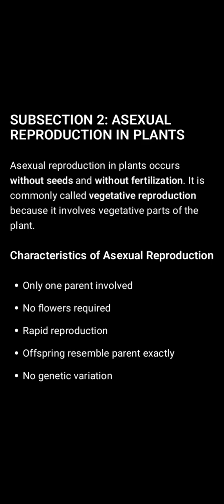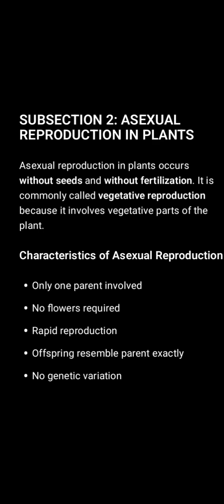There would still be some differences. No matter how much you resemble your dad or your mom, you will not be exactly like her or him. Why? Because that's sexual reproduction. There are differences, there will be variations, genetic variations. So in asexual reproduction, there is no genetic variation.